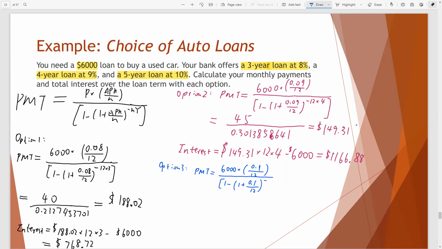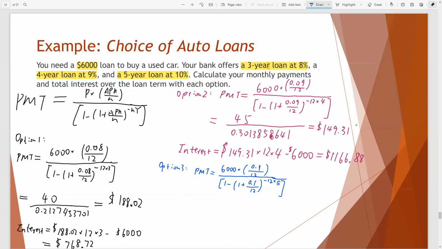I mean, larger risk, right? So to offset that risk, they have to collect a higher amount of interest from you, right? That's 5 years, 10%, monthly payment, right? Still 12 payments each year for 5 years.